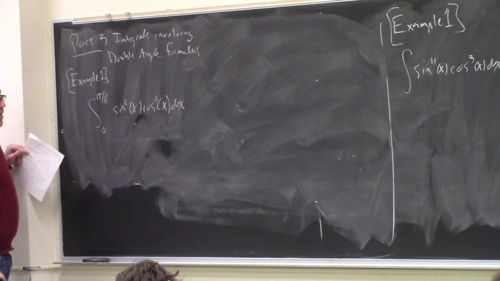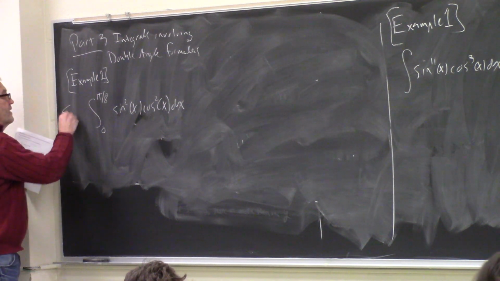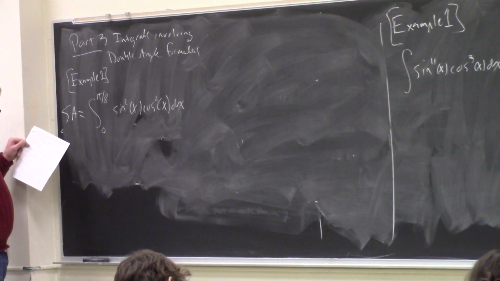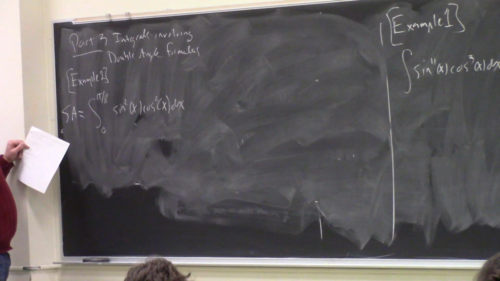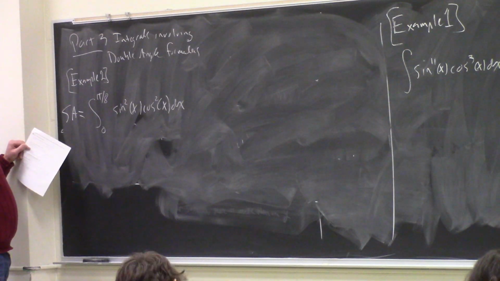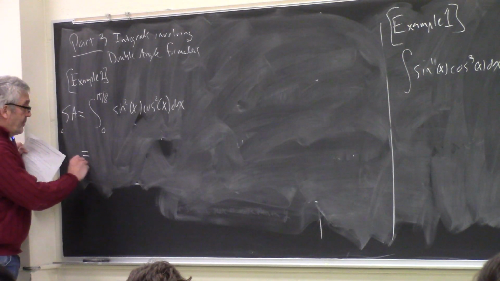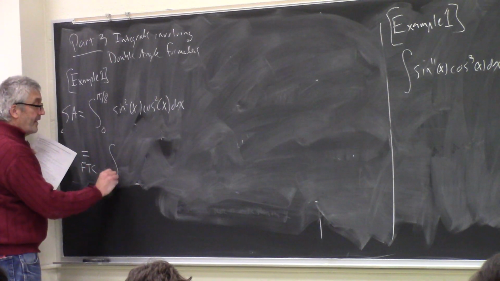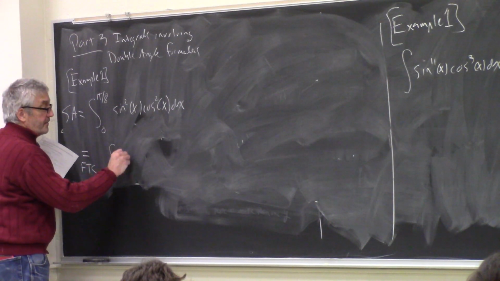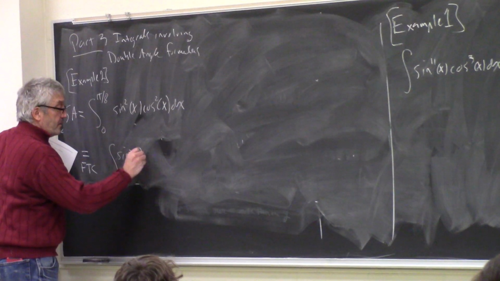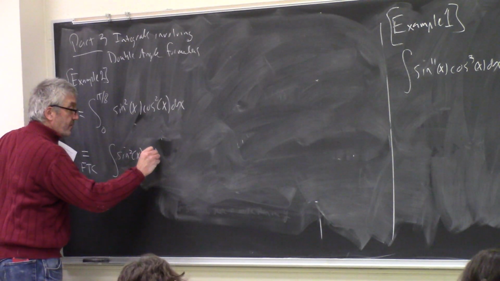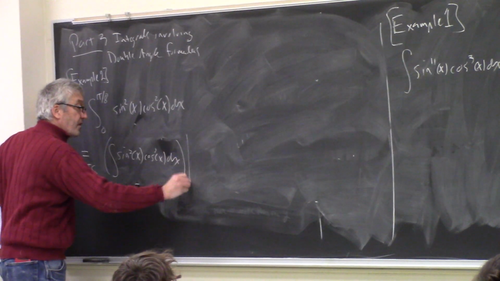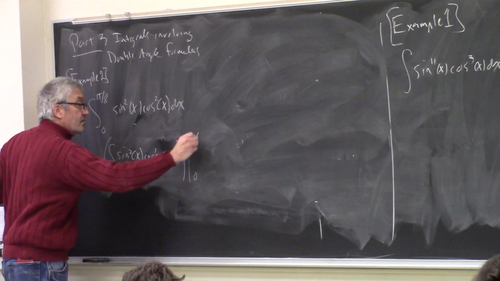Now there's more than one way to do this. Now I'm going to call this SA for signed area. And let's right away use the fundamental theorem of calculus to make sure that we know our approach. We're going to find the indefinite integral of sine squared x cos squared x. And then we're going to evaluate that from 0 to pi over 8.